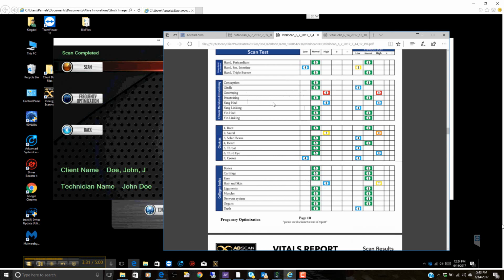So if we look at the governing item, that was under the Chinese meridian extended. And let's see, that is the governing one here. So what we would do typically is go to this website and find out the governing meridian channel.